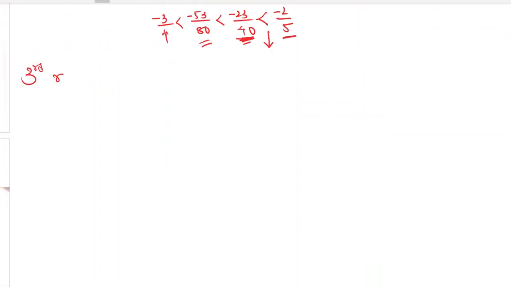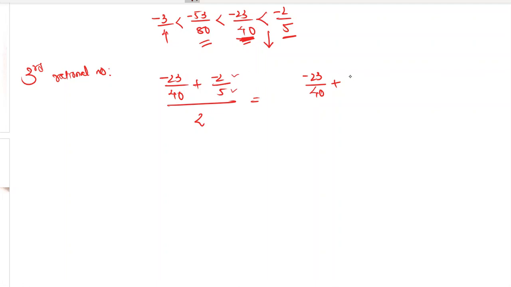So third rational number, minus 23 by 40 plus minus 2 by 5, the whole upon 2. So what is the LCM of 40 and 5? 40, right? So minus 23 by 40 plus, I will multiply 8 in the numerator and denominator to make it 40.